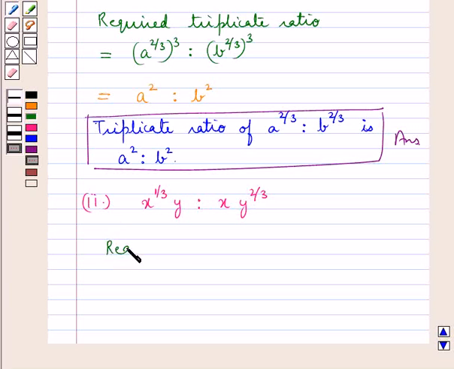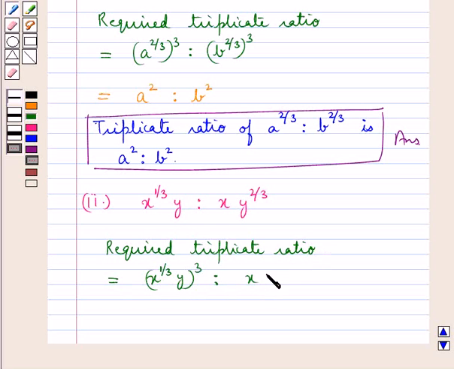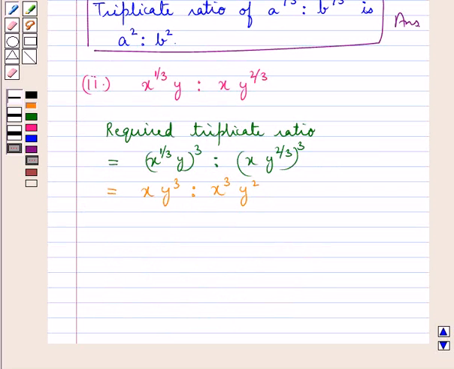Now, the required triplicate ratio is given by x to the power 1 upon 3 into y the whole cube is to x into y to the power 2 upon 3 the whole cube, or you can say this is equal to x into y cube is to x cube into y square. So this is the triplicate ratio of the given ratio.